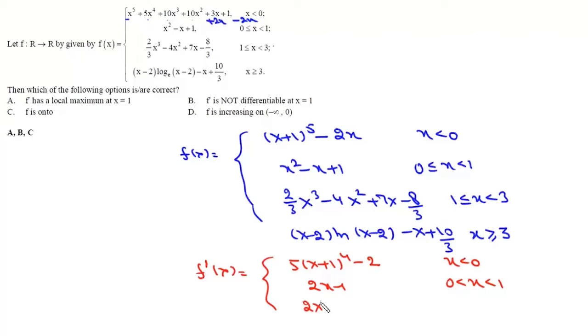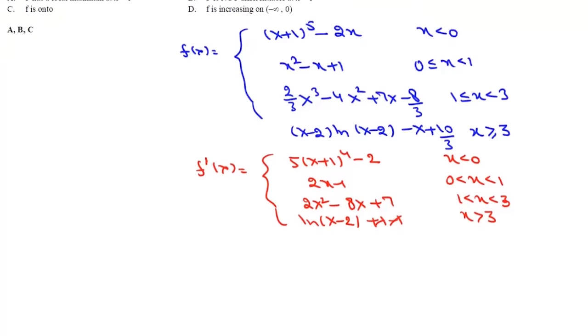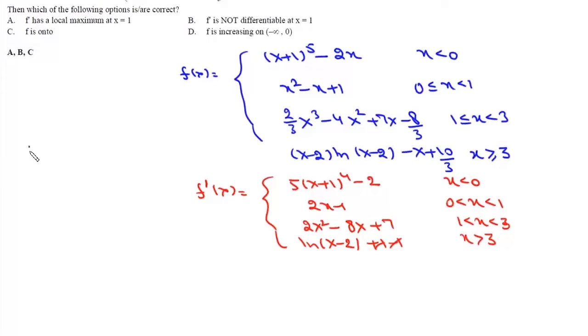It will be 2x square minus 8x plus 7 when x lies between 1 and 3, and it will be log (x minus 2) plus 1 minus 1, so it will cancel, when x is greater than 3. Now if we put the value 0, f dash 0 negative will be 5 minus 2, which is 3, and f dash 0 positive will be minus 1. So not differentiable at 0.